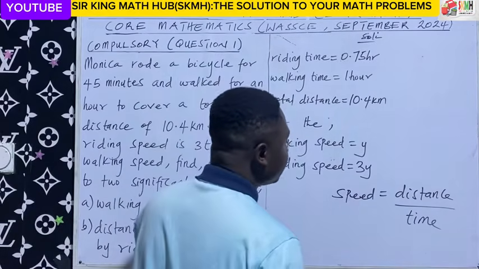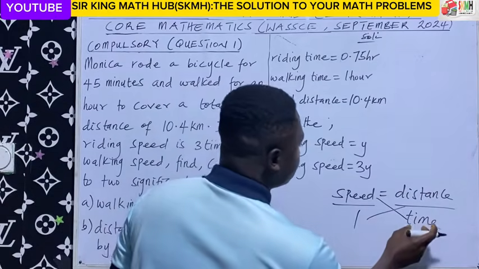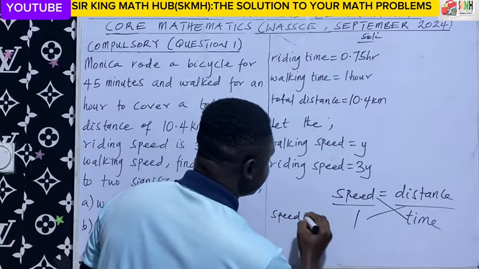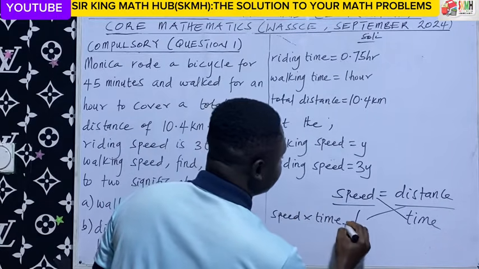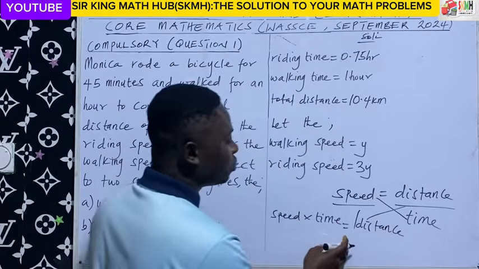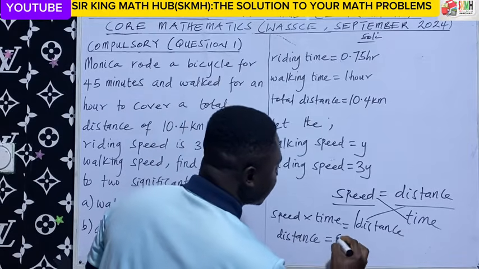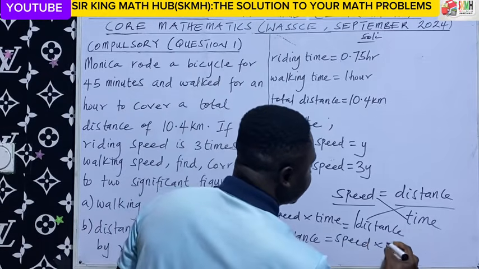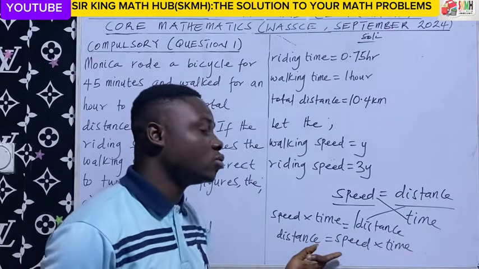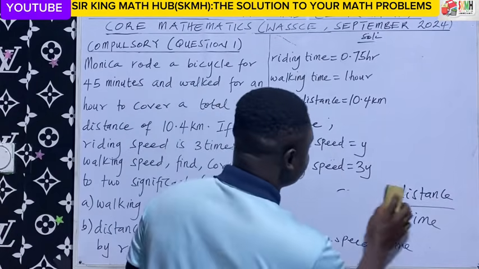Speed can be written as speed over 1, so we can cross multiply: time times speed gives speed times time, and 1 times distance is equal to distance. In conclusion, to calculate distance, we multiply speed and time. Take note of this formula: distance is equal to speed times time.